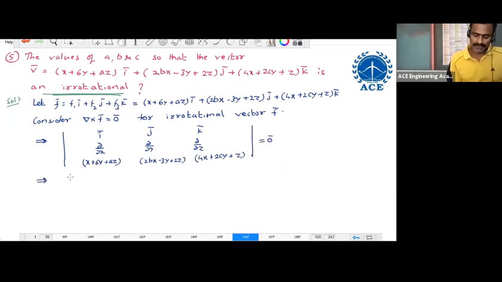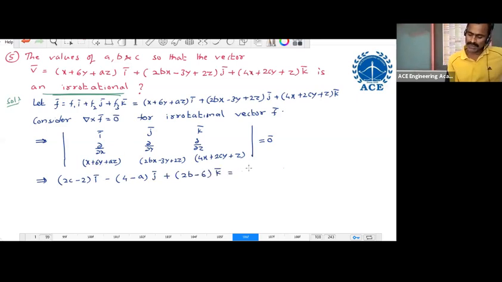Which implies the derivative of the third function with respect to y, that is 2c, minus the derivative of the second with respect to z, 2, into i bar, minus the derivative with respect to x, 4, minus with respect to z, a, into j bar, plus the derivative with respect to x, 2b, minus with respect to y, 6, into k bar equal to 0 bar.